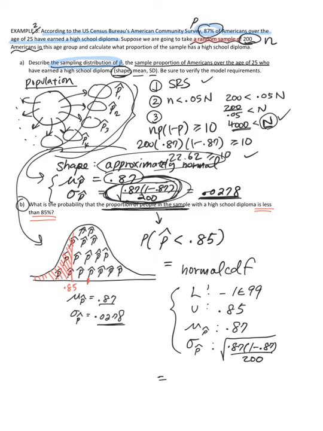All right, so I got 0.2001, or 0.200. So the probability that the proportion of people in the sample with a high school diploma is less than 85% is about 0.2, or 20%.